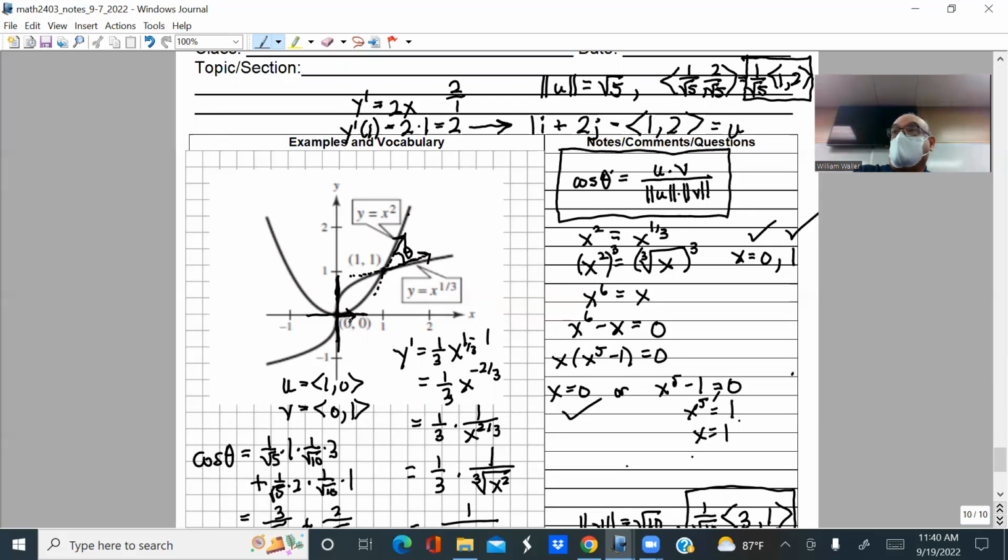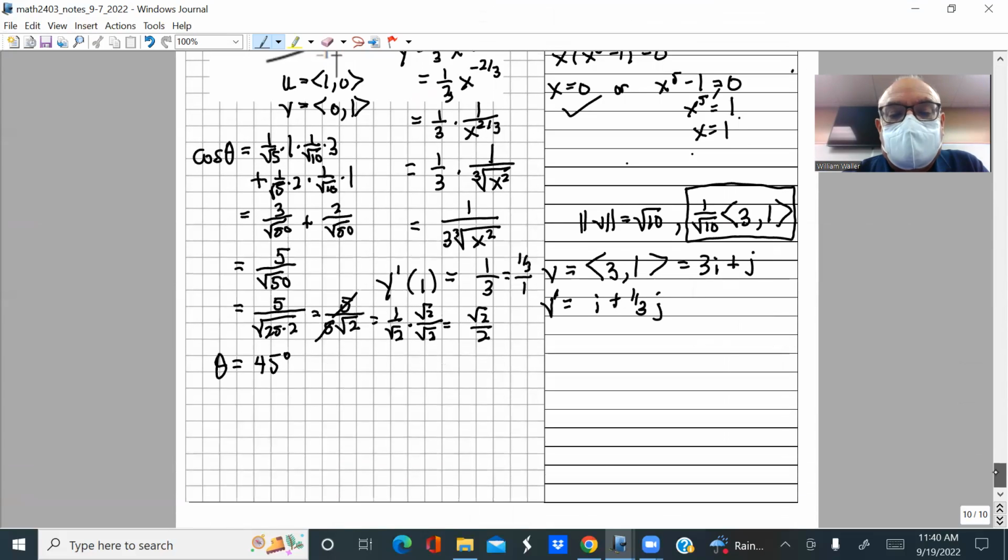And any horizontal vector will do. Actually, any multiple of i would be okay, but why not just use one i, right? Any vector that's just a multiple of i and doesn't have a j component will be a horizontal vector. So I think the easiest one to use there is just u equals i.